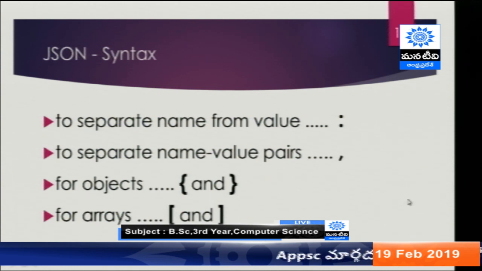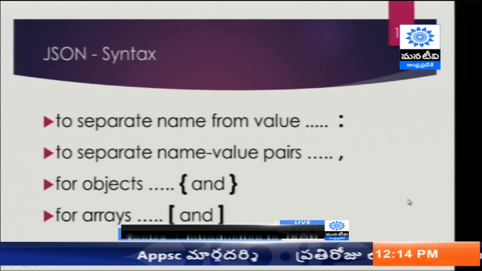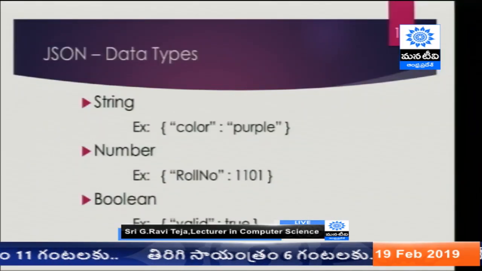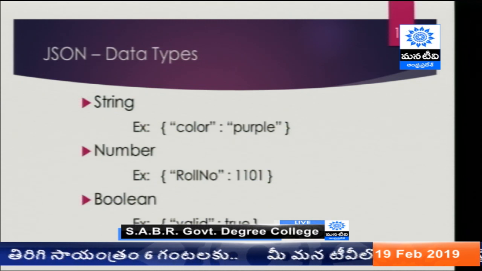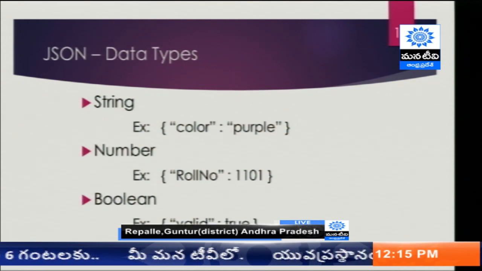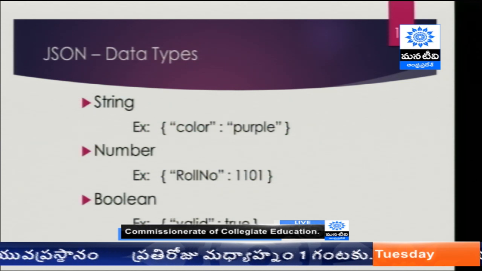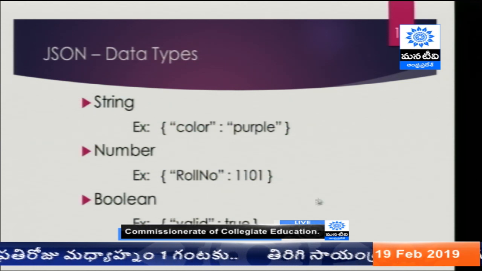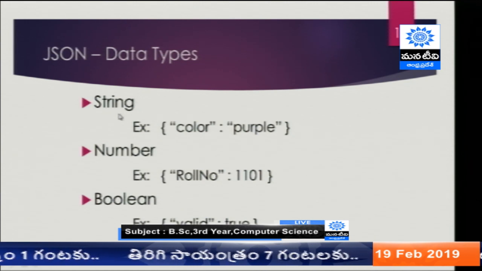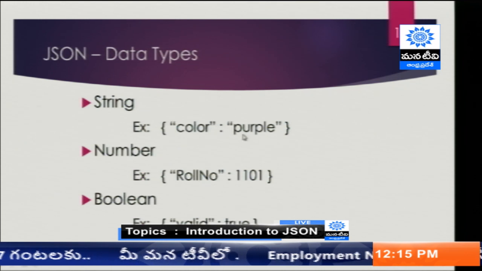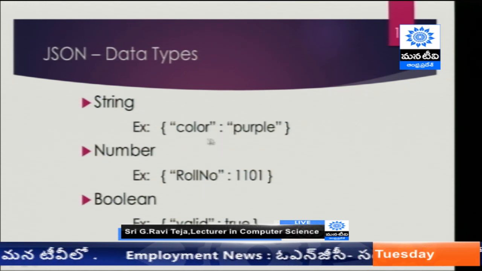This is a very simple syntax compared to XML, and these are the basic data types we use in JSON. Even though we do not declare any variables or operations here, we use these data types to represent the data in our file. First, string is essential. Whatever we give as the key and the value must be in string format.